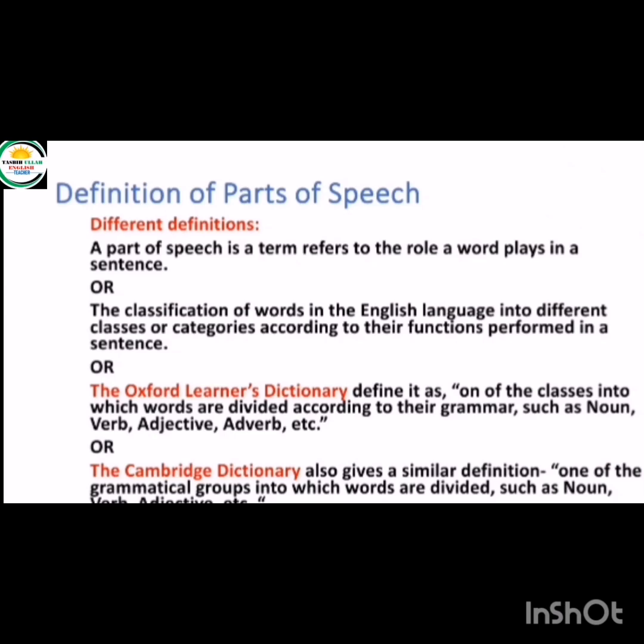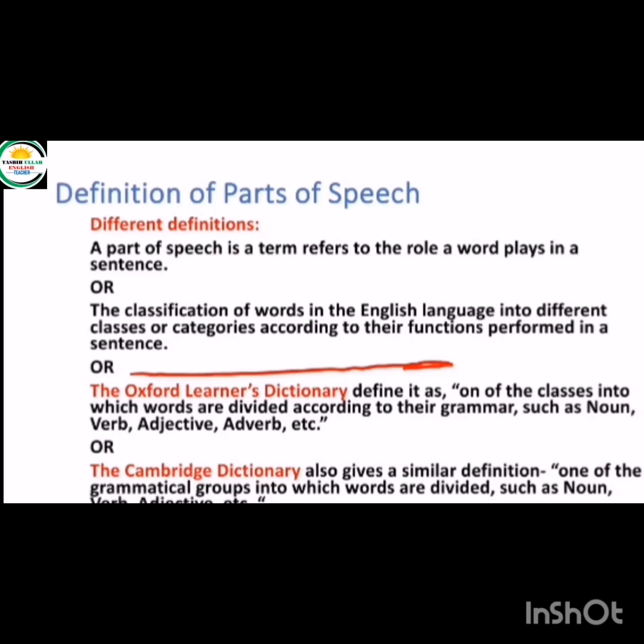And we can define the part of speech in very simple words: it is the classification of words in the English language into different classes or categories according to the function they perform in a sentence. It makes the same sense as the first definition, so no need to explain the second definition.